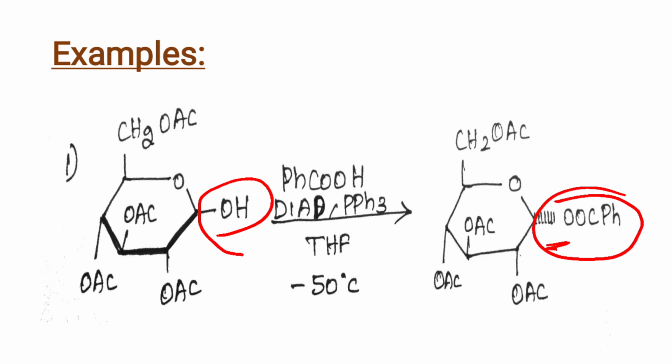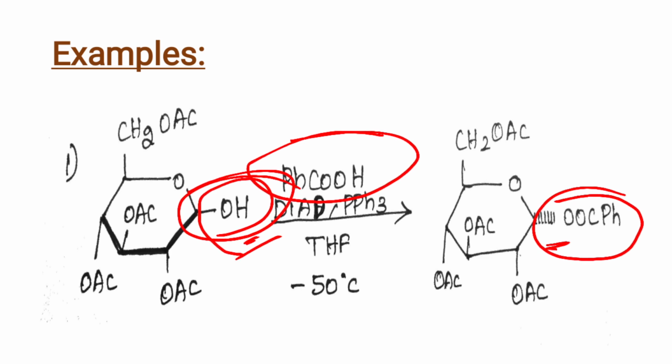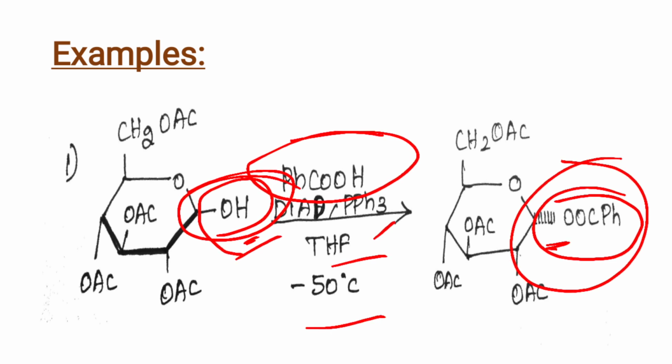So the inversion of configuration takes place. In this, the OH group is replaced by benzoic acid in the presence of DEAD and triphenylphosphine, and the solvent is tetrahydrofuran at 50 degrees Celsius. We will get this product.